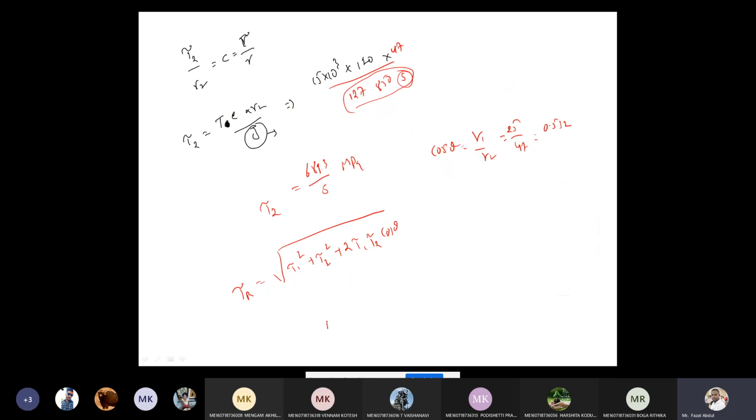So substitute all the values in this equation. Sigma 1 is 212 by S whole square plus sigma 2 whole square plus 2 into.